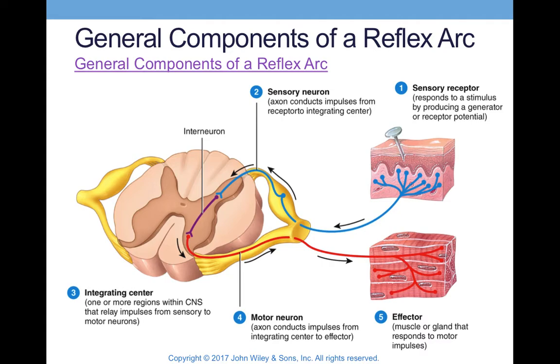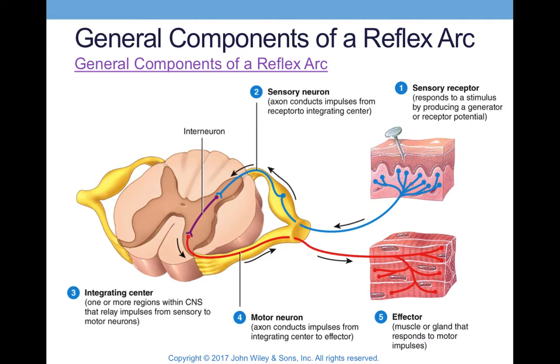The 5 functional components of a reflex arc are the sensory receptor, the sensory neuron, the integrating center, the motor neuron, and finally the effector. So these reflexes will help to maintain homeostasis by permitting the body to make exceedingly rapid adjustments to homeostatic imbalances.